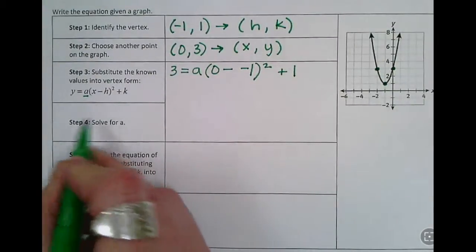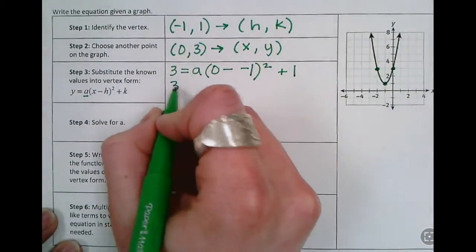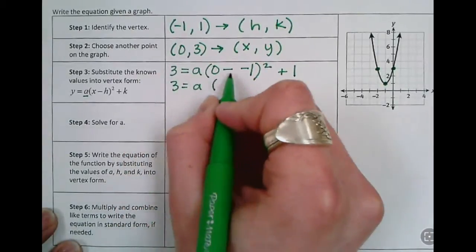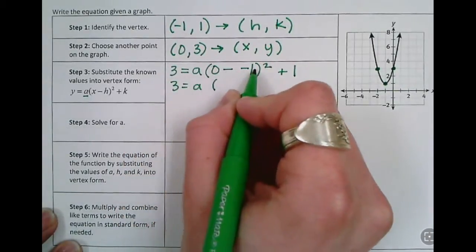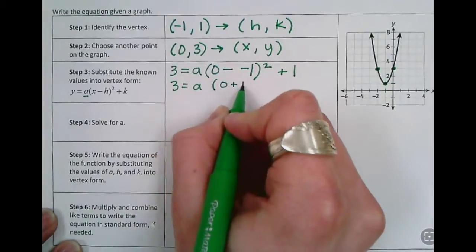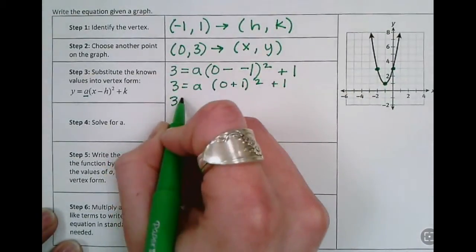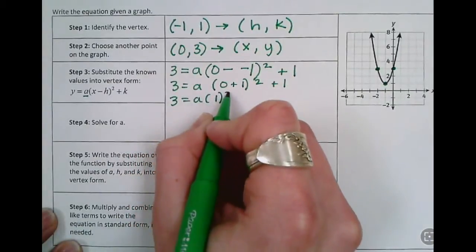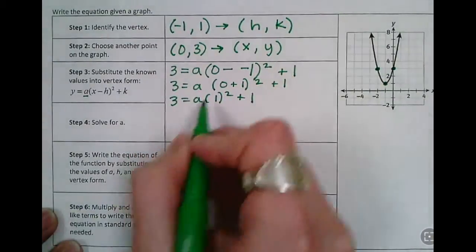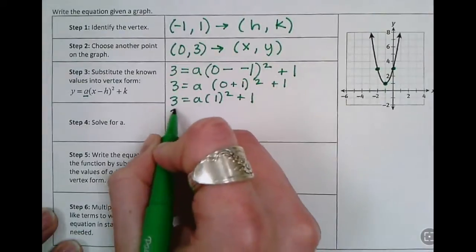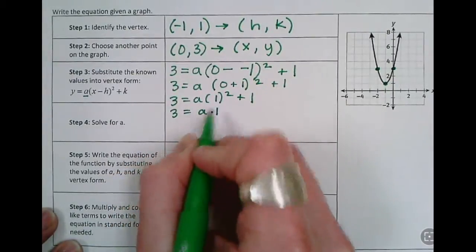Simplify by solving for a. So I have 3 equals a. 0 minus -1 is just 0 plus 1, which is just 1. Then I have 1 squared, which is 1.